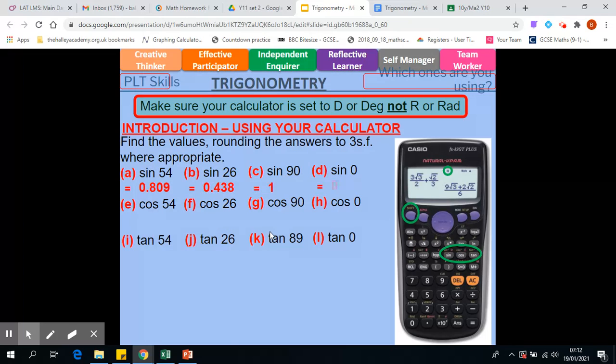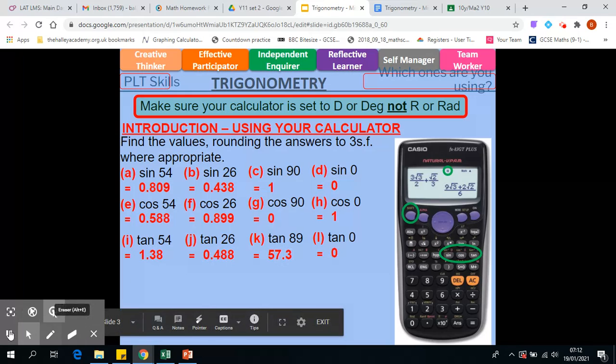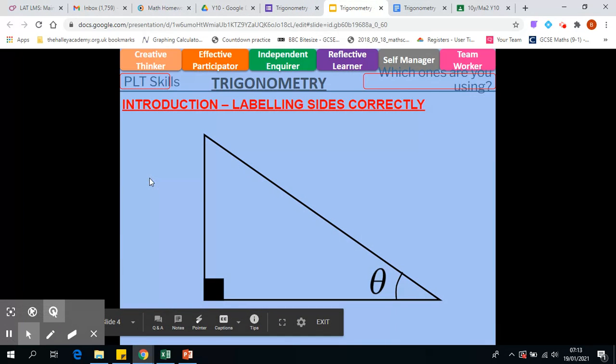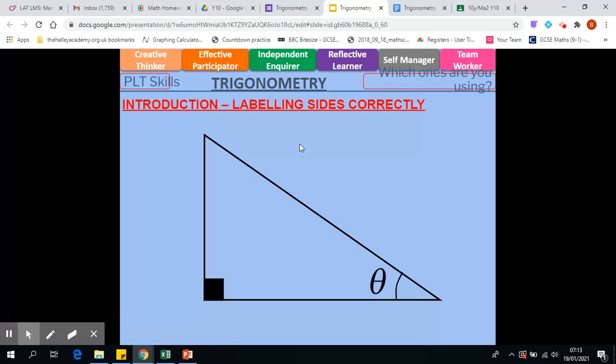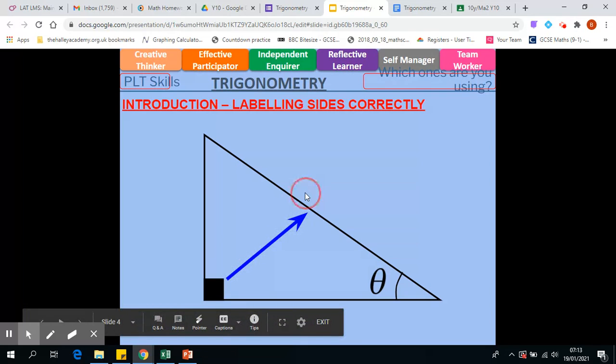Here are the answers. Let's focus on labeling sides. We know the side opposite to 90 degrees is the hypotenuse, and that's the longest side.